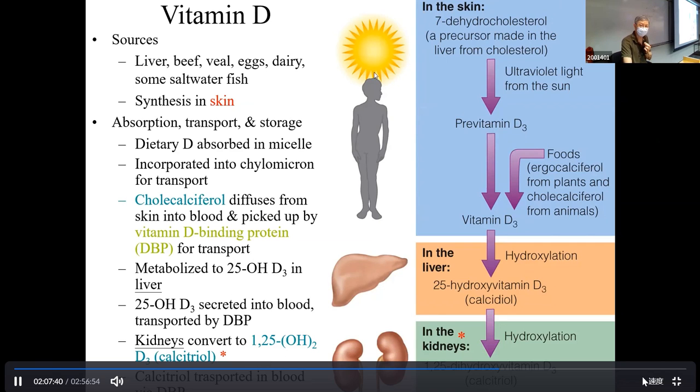In our skin, we have enzymes which will convert 7-dehydrocholesterol to pre-vitamin D3, and then turn into vitamin D3, which would then get hydroxylated in the liver and then in the kidney, 2 steps of hydroxylation, to eventually get you the active form of the vitamin, which is called calcitriol. So 1,25-hydroxy D is calcitriol. 2 steps hydroxylation, once in the liver, once in the kidney.